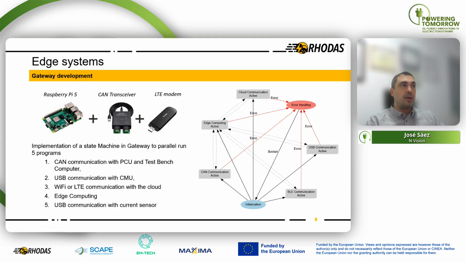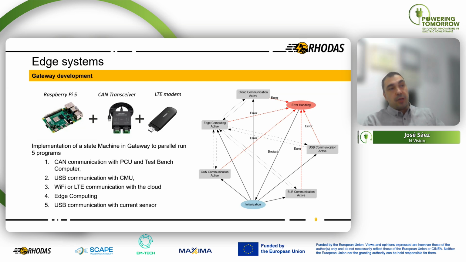This is done by CAN bus communication, probably the most common communication interface currently being used in automotive. We also have some additional communication ports. The condition monitoring unit in this case is communicating by USB. Then we have the communication with the cloud, as I mentioned before, either by Wi-Fi or LTE.